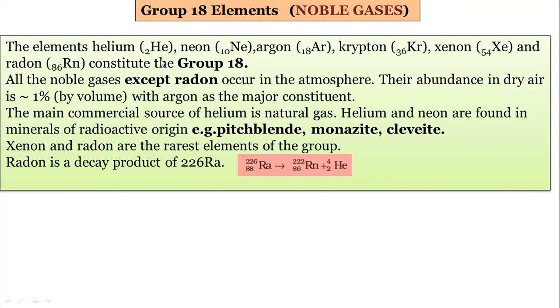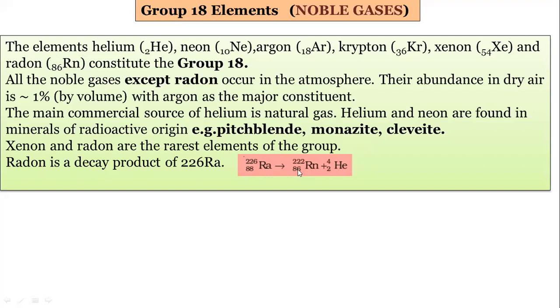All these, helium, neon, argon, krypton, xenon, radon, constitute the group 18 elements. All these noble gases except radon occur in atmosphere, because radon is prepared by radioactive decay. All the noble gases occur in atmosphere except radon. Only radon is obtained from radioactive decay.